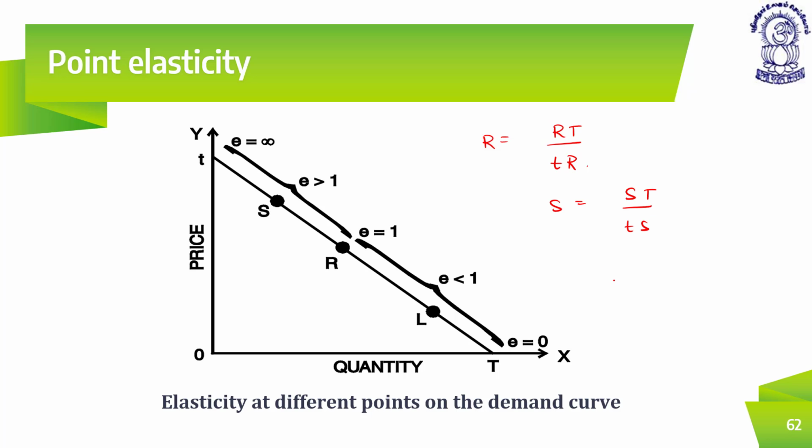At point L, how can we calculate LT upon TL? Understood? Over here it is infinity and at point T it is equal to 0. So this is known as point elasticity of demand, shown on a demand curve.